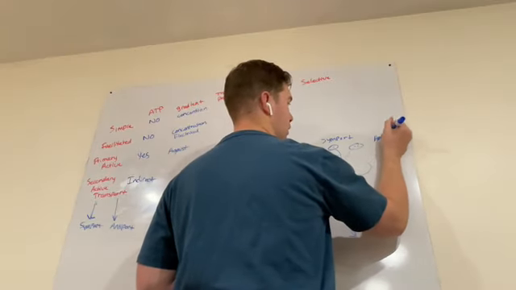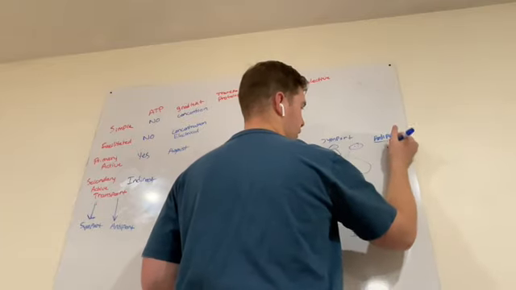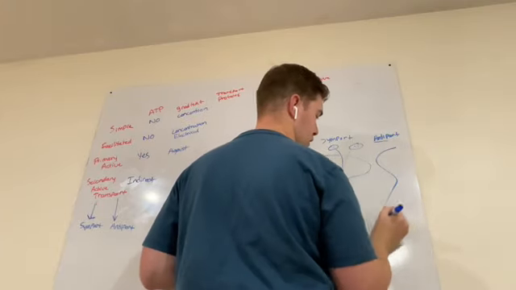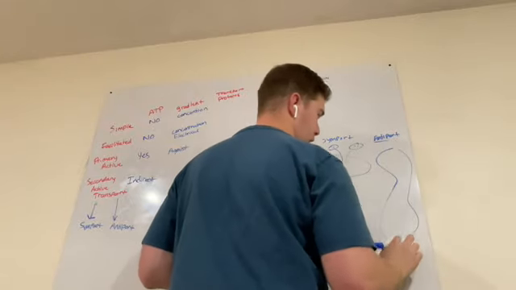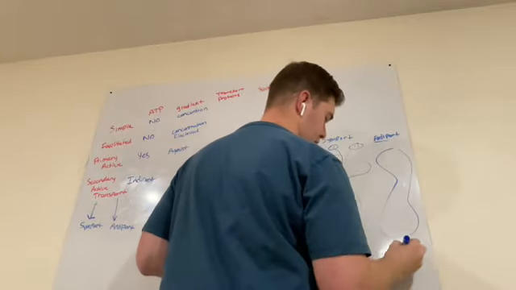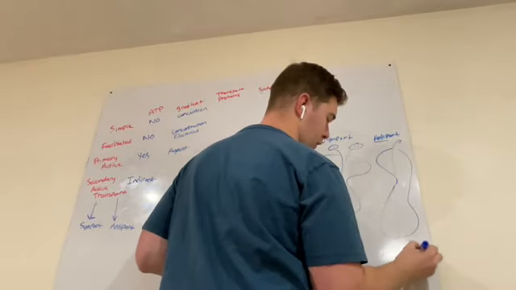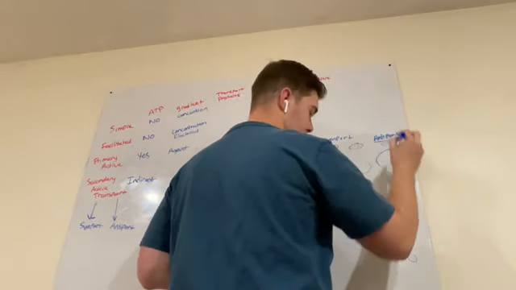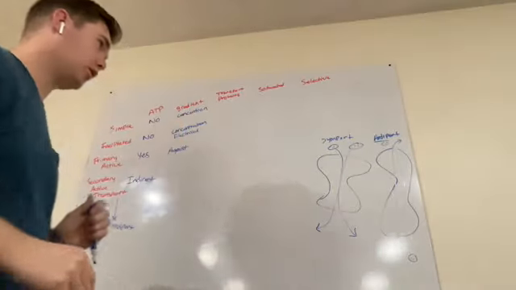Antiport, this prefix anti means against. Great drawing. Amazing. Just kidding. Okay, and so we have two different molecules. This one is inside the cell, this one's outside the cell, and they pass each other on the way.